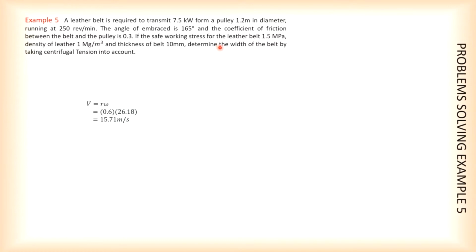Now determine the width of the belt by taking centrifugal tension into account. So you will be including the TC, or the centrifugal tension. So this will be the pulley and this will be the centrifugal tension.